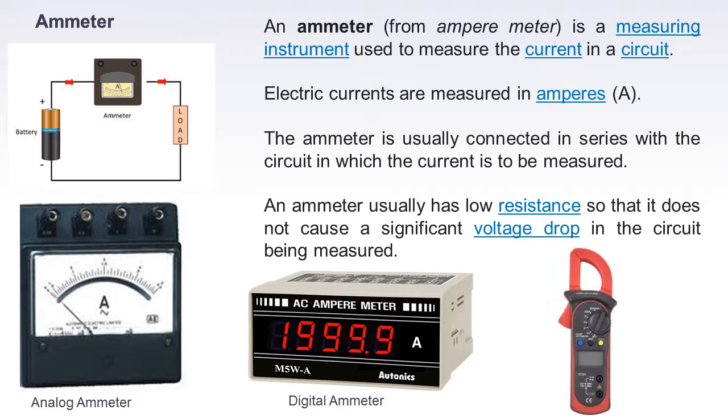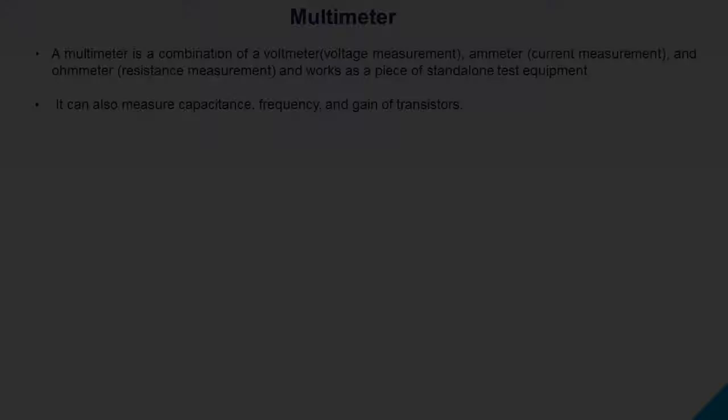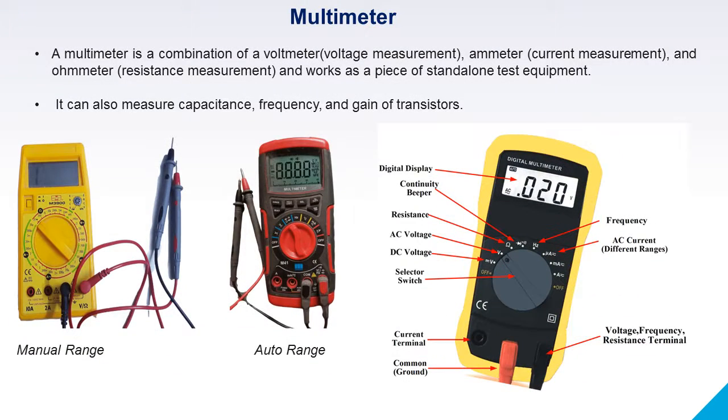So digital ammeter is also widely used, and nowadays in industry and in the power system and distribution system, the clamp type ammeter is used, where you just need to clamp on this red portion curved part, and it will act as a primary of the instrument, and it will measure the current by electromagnetic effect. It will display.